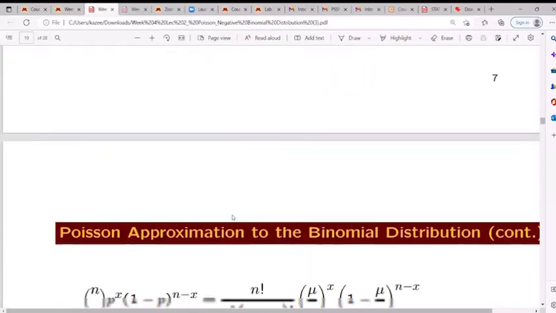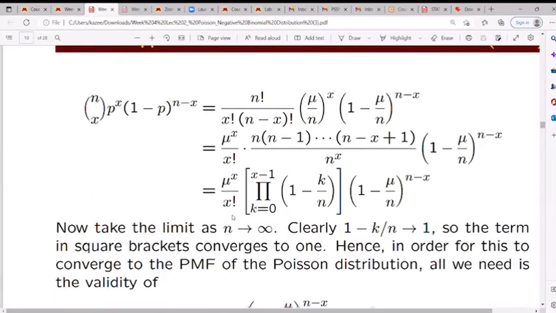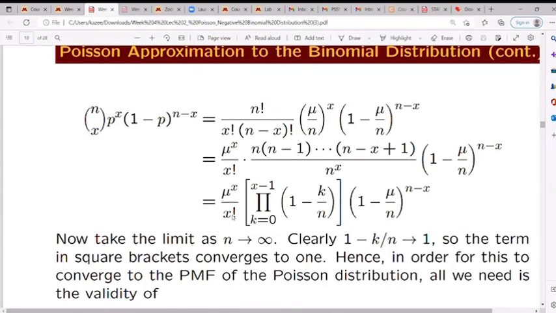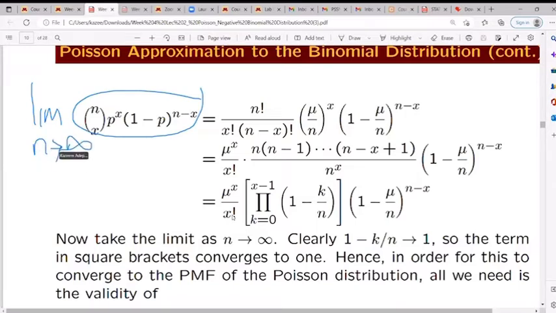Now, I think I've just told you why that happened. And what I'm trying to show you here is that when I have a binomial mass function defined as that, and if I take a limit as n tends to infinity, that will automatically lead us to Poisson distribution.